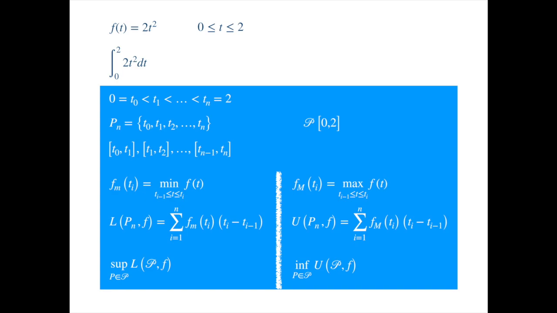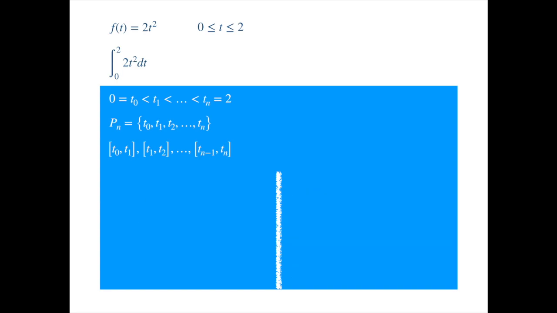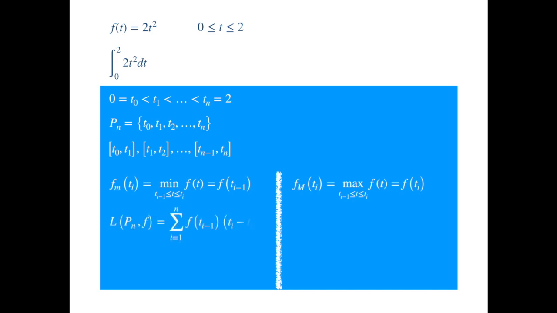The function that we have selected is a very well-behaved function, so we can make the process more concrete. The function is monotonically increasing over the interval of interest, so it attains the minimum value at the left end and the maximum value at the right end of each subinterval. Substituting these into the lower and upper sums formulae, we get, and we can replace the abstract set of all partitions by the limit as n, the number of subintervals, tends to infinity.